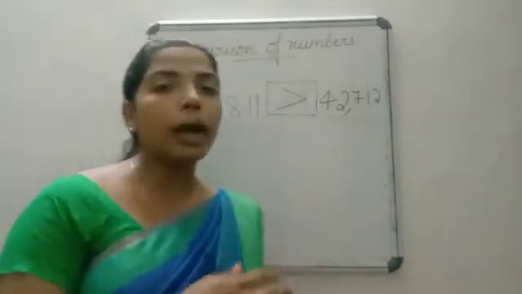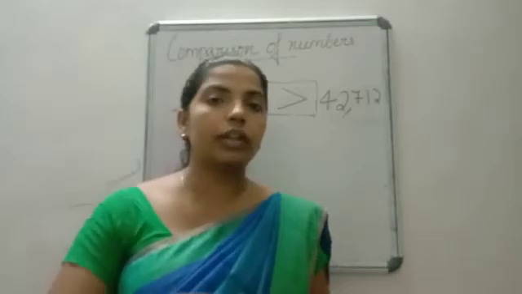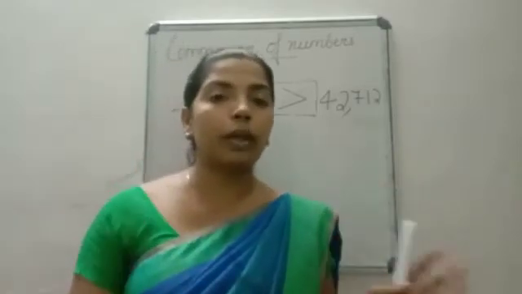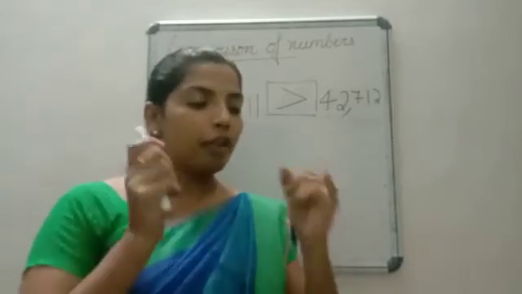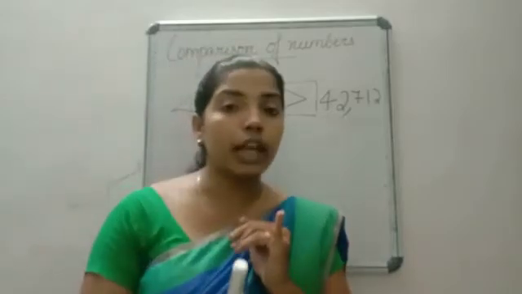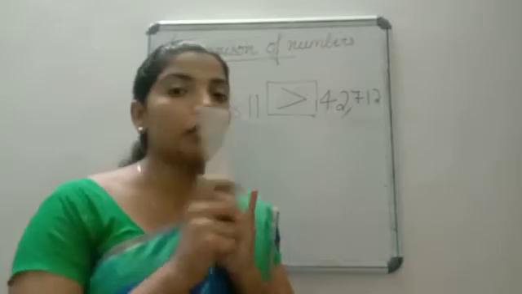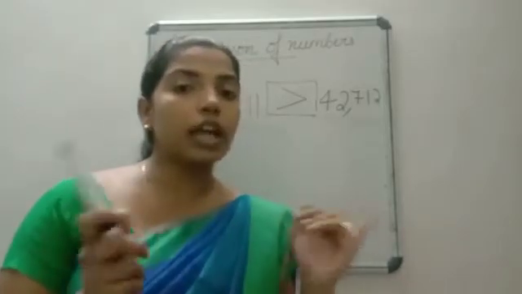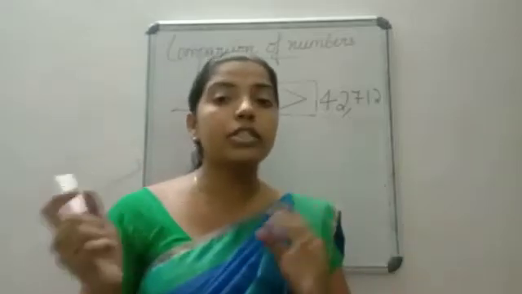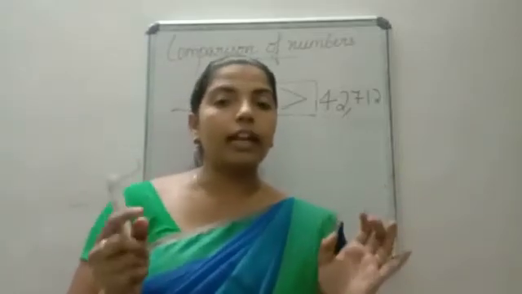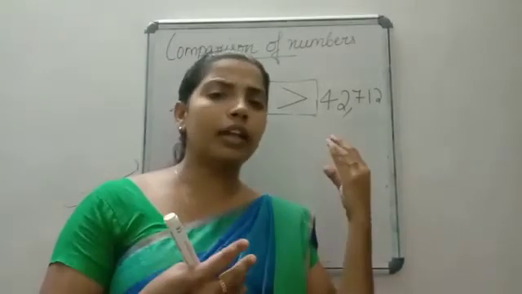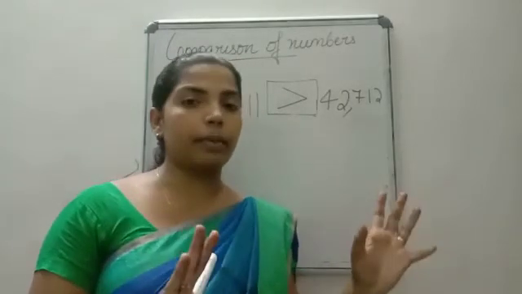So how can we compare two given numbers, to find which is greater, which is smaller, or whether both of them are equal? First, you have to check the number of digits of the given numbers. Suppose the number of digits are equal, then move to the first digit of both numbers, and the number with the greater digit will be the greater number.